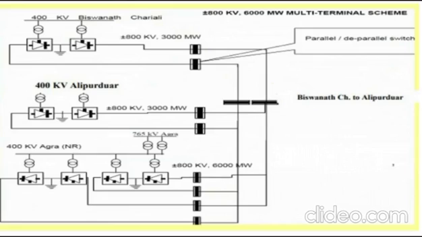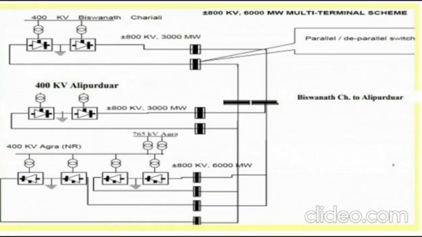Here is a schematic diagram of India's ultra high voltage MTDC system. Both Biswanath and Alipurduar are rectifier stations, and Agra is the converter station. The Biswanath and Alipurduar rectifier stations handle 400 kilovolt each, with a 3000 megawatt capacity.